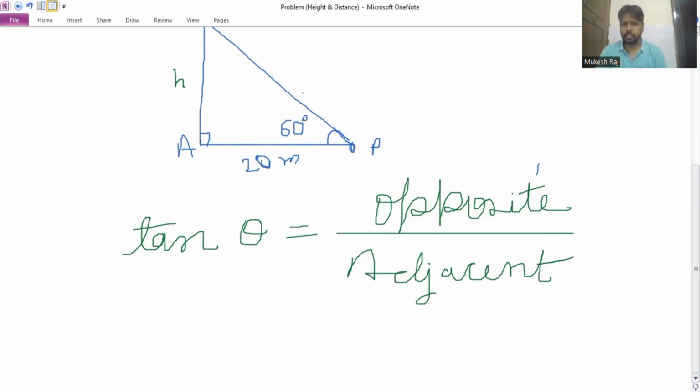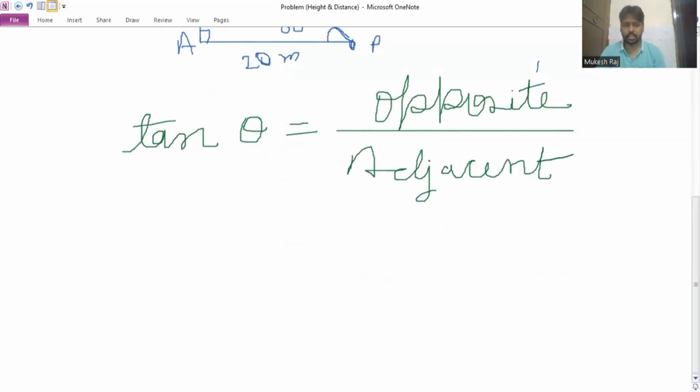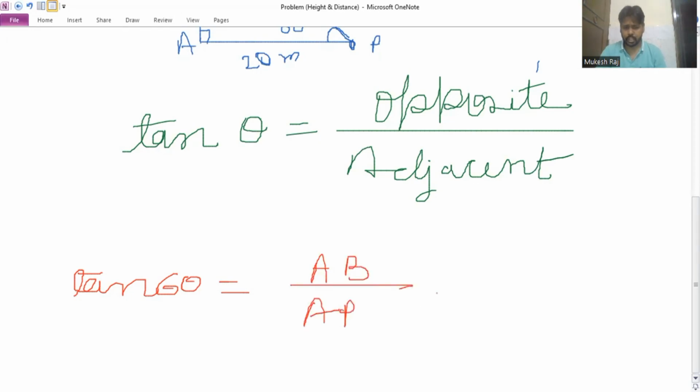Here theta is the angle, that means 60 degrees is the angle formed, and opposite to this angle we have the height of the tower that we have to calculate, and the adjacent side AP is given as 20 meters. So we can put these values together and see the result. Tan 60 is equal to the opposite side AB upon the adjacent side AP.